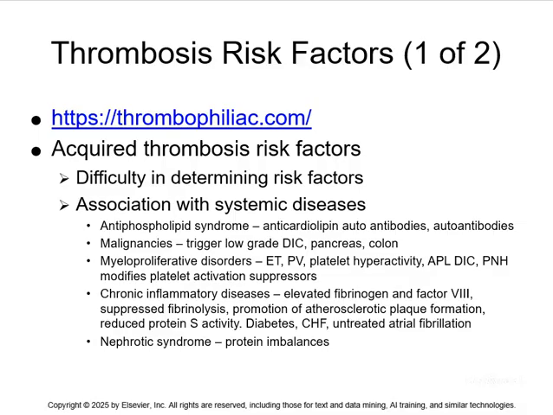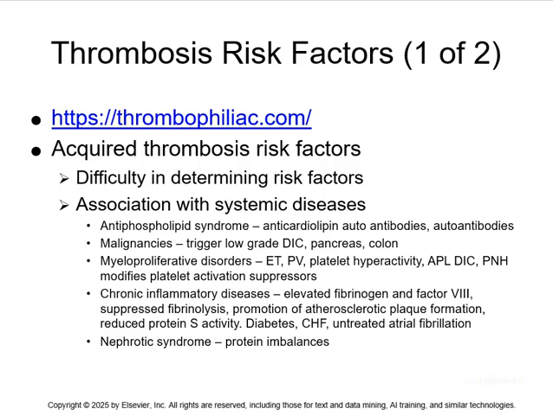ET, PV, APL, DIC, PNH, paroxysmal nocturnal hemoglobinuria, all those. Now, there's anything messing with the activation of the platelets. If it allows them to be super activated, then we got a chance for clots.